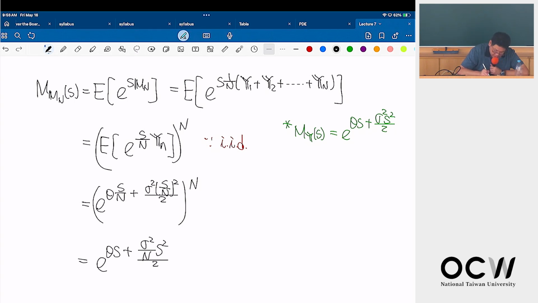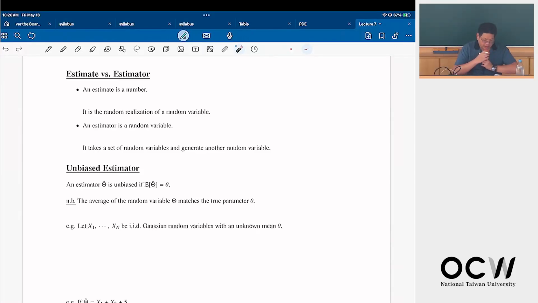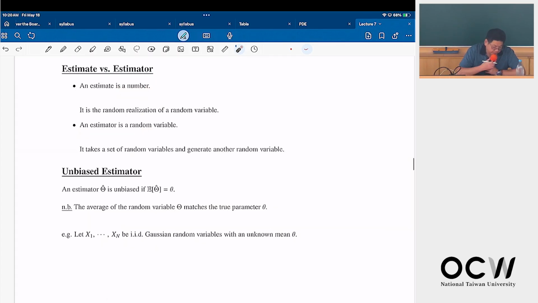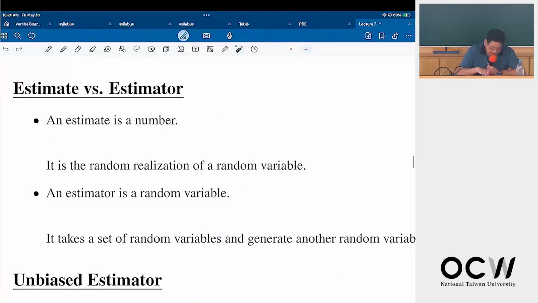Right, so now let's see these two terms, estimate and also estimator. So what is the estimate? Estimate is a number. Estimator is a random variable. For the estimate, it is a number.